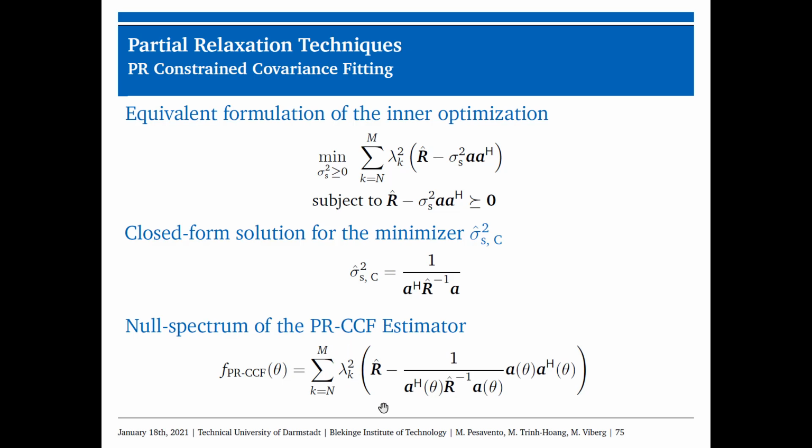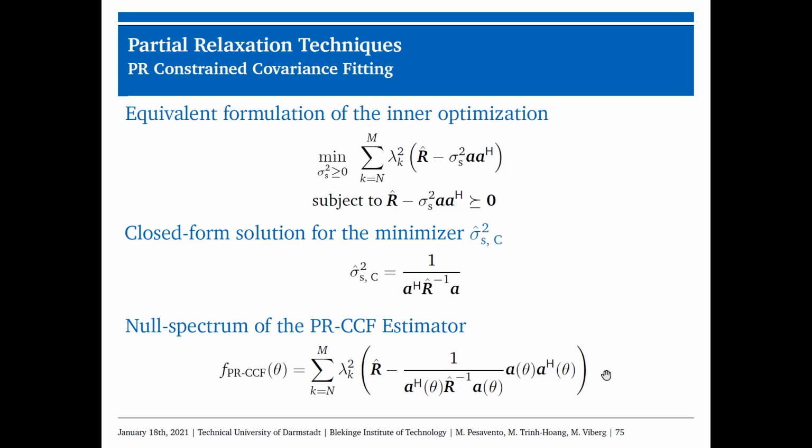The matrix argument on which we compute the eigenvalues is a constant covariance matrix R hat modified by an angle-dependent rank 1 component. This structure of the matrix argument will be later exploited for faster computation of the eigenvalues.